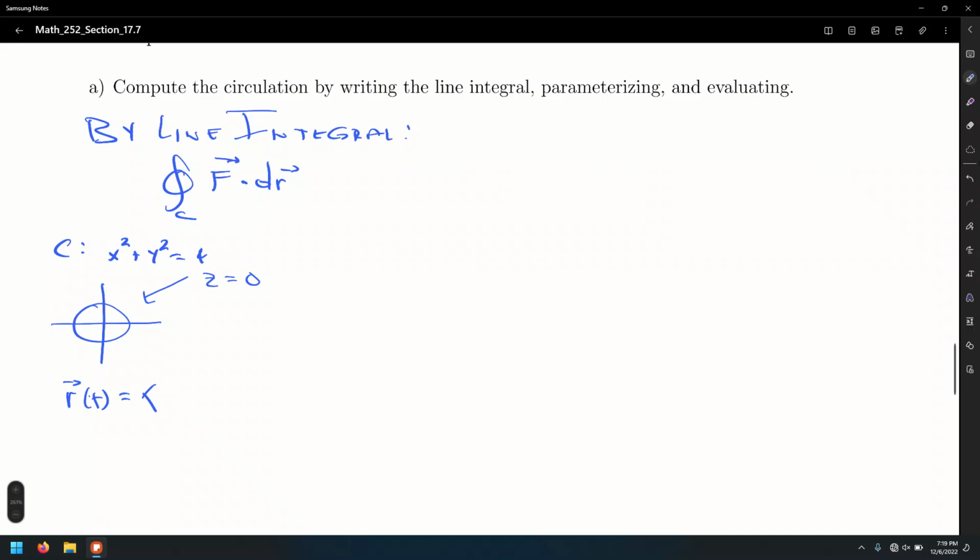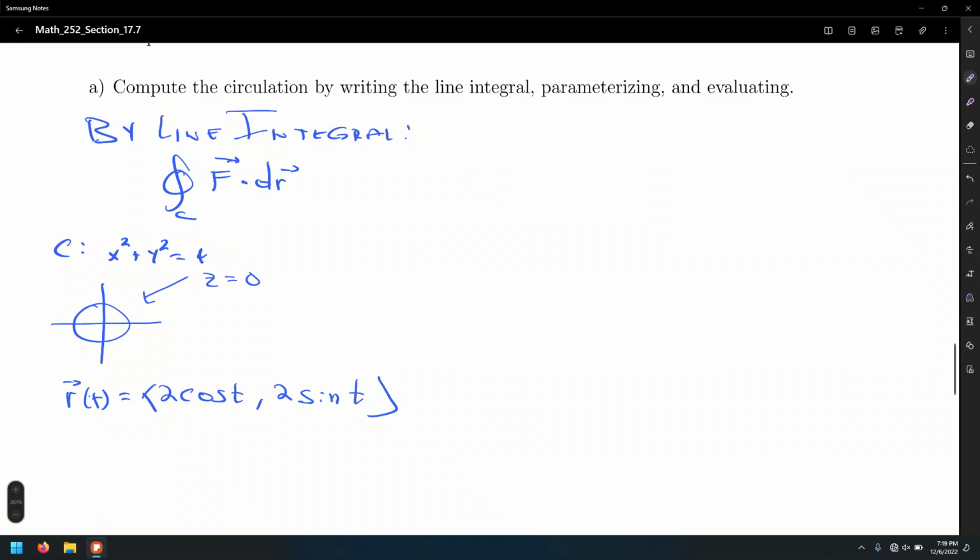That means counterclockwise. So which one is going to go first, cosine or sine? Cosine, right? So cosine t, sine t, but this would be the parameterization of the unit circle. We're not working with the unit circle. This is a circle of radius 2, so just multiply this by 2.